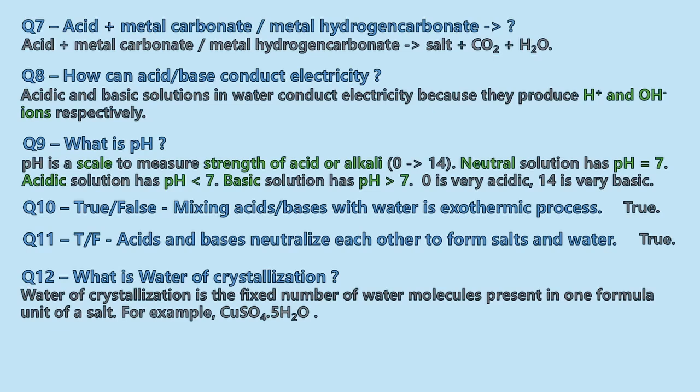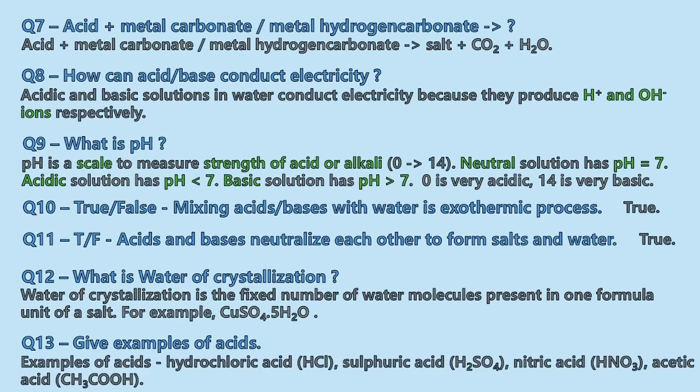For example, for each copper sulfate molecule there are 5 water molecules attached to it. Because of this attachment, not reaction, they form copper sulfate crystals. That is denoted as CuSO4.5H2O.